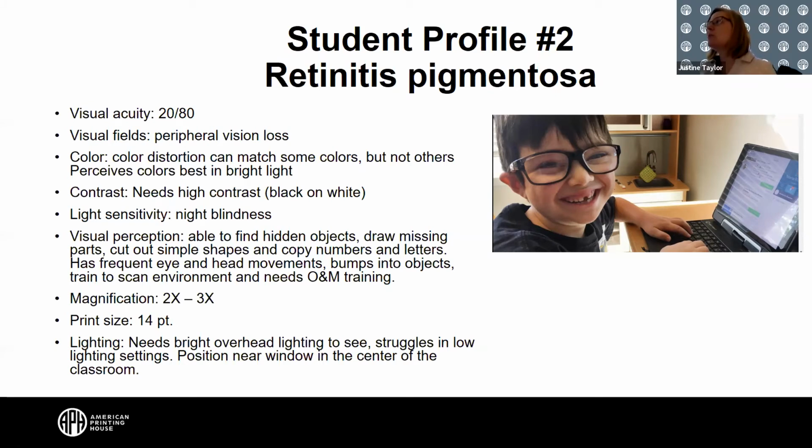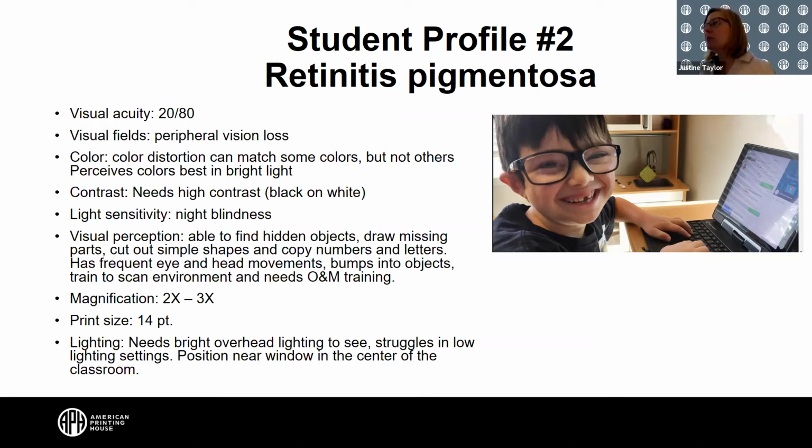Their visual perception skills, they were able to find hidden objects, draw missing parts, cut out simple shapes, and copy numbers and letters. Has frequent eye and head movements, bumps into objects, and they would need training to scan their environment and would need some O&M training.